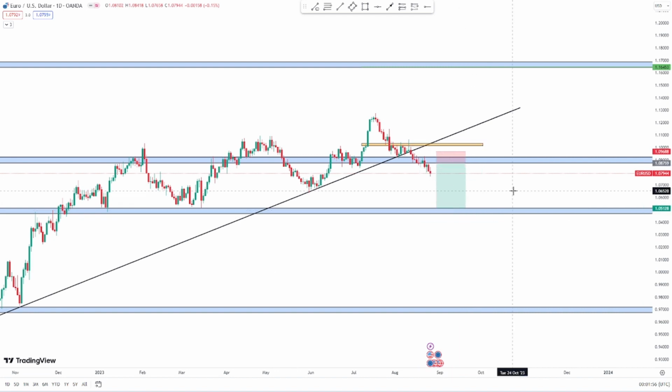But for the market to change trend, it needs to create an equal high around here or a lower high around here, which will make this a head and shoulders, with this the left shoulder and this the right shoulder. We wait for the break of the neckline and a pullback into the region, then we'll sell the market. That's what to be expecting here.